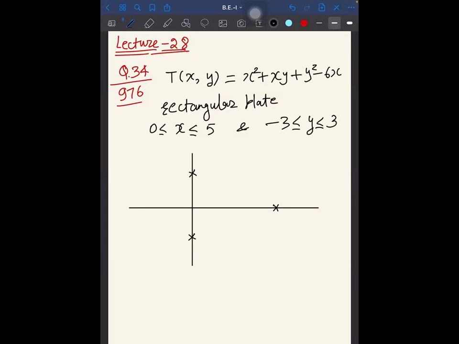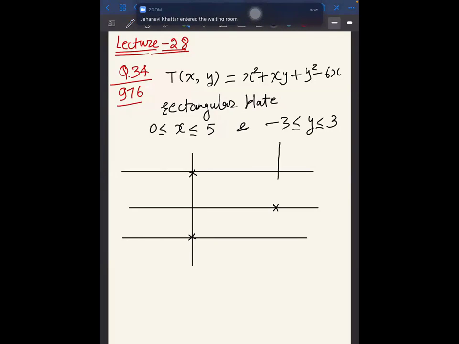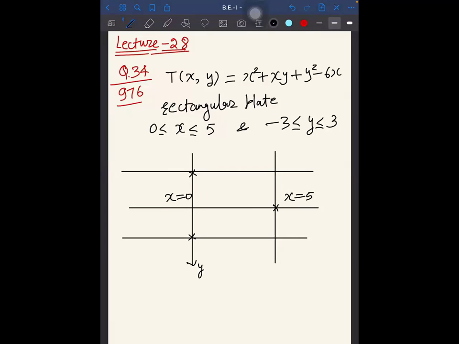That means x = 0 is the y-axis and x = 5 is this line, which is parallel to the y-axis, and this is our x-axis, and these are lines parallel to the x-axis, y = 3 and y = -3.